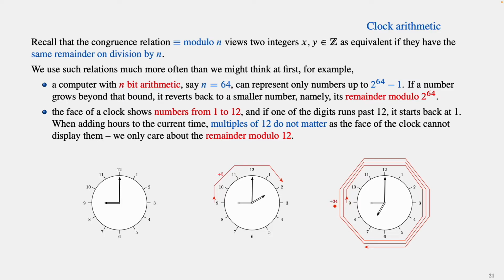And then I have 10 hours left from my plus 34. So I go past 12 again for 10 hours and arrive at 7 o'clock. And that is because, well, 34 plus 9 is 43, and 43 has remainder 7 modulo 12.